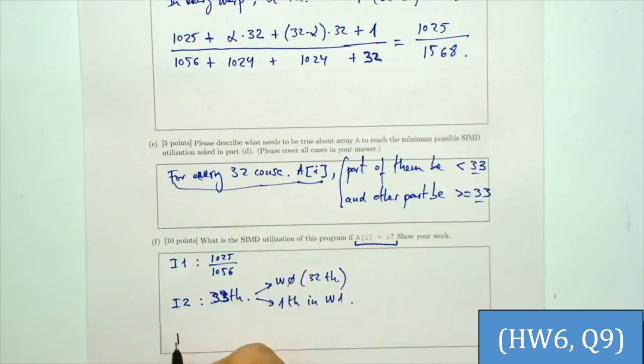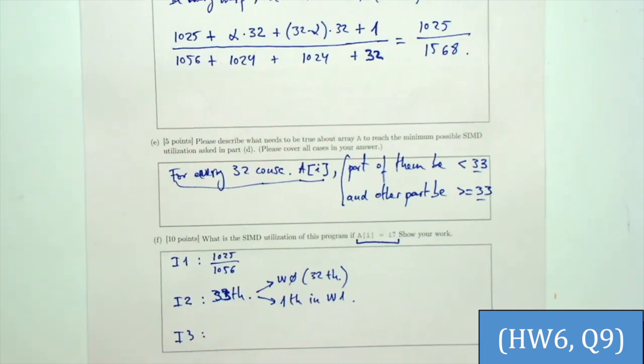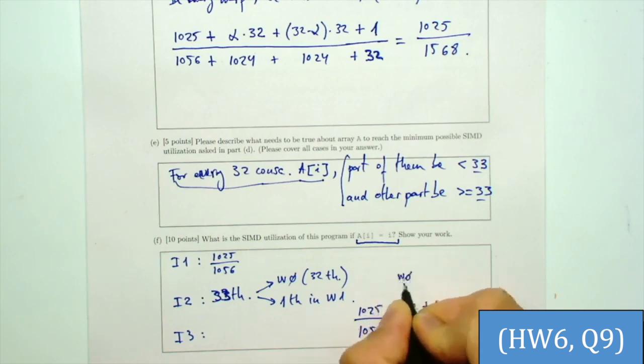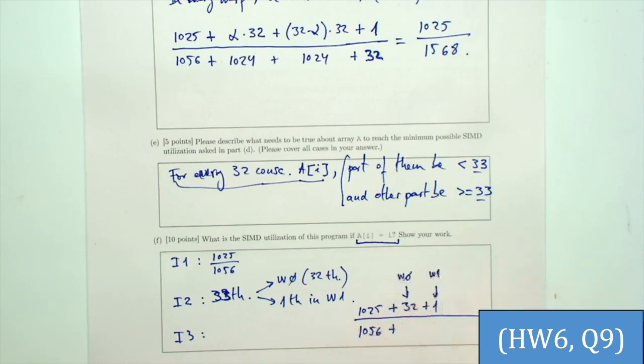And then the rest of threads will execute instruction 3, including the thread in the last warp. So we calculate in the same way as we did before: 1025 divided by 1056, plus 32 plus 1. This 32 corresponds to warp 0, and this 1 corresponds to the first thread of warp 1, divided by 32 plus 32.